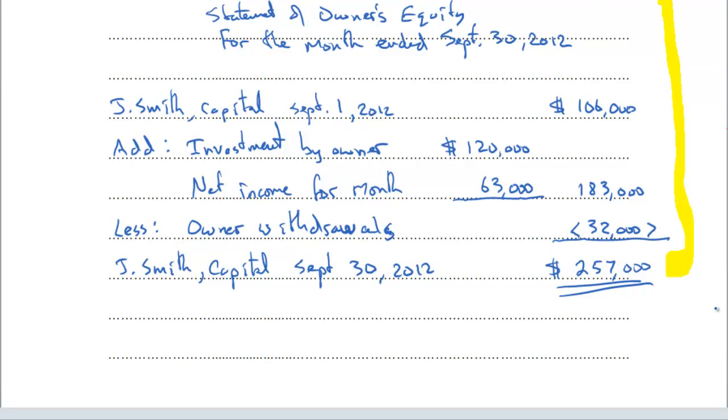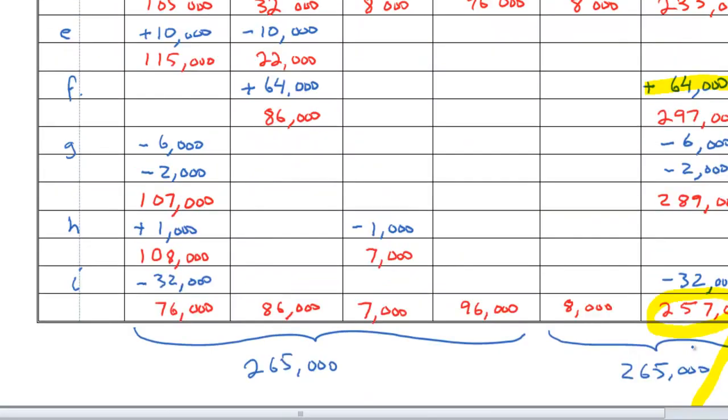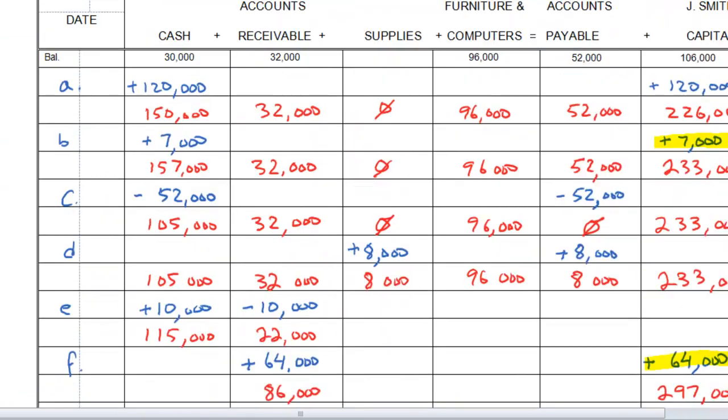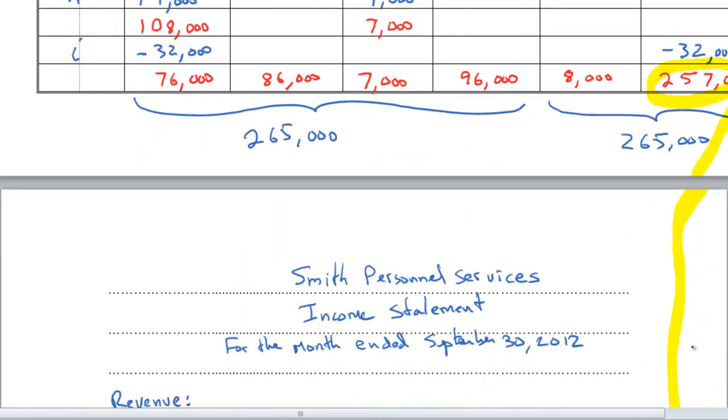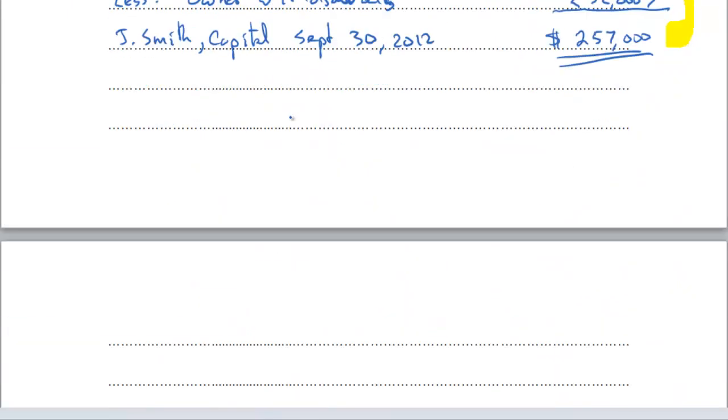Okay, and the last requirement we have to do is prepare the balance sheet for Smith Personnel Services as at, so at the particular point in time, as at September 30th, 2012. And so the balance sheet is going to have the assets and liabilities. So we've already dealt assets, liabilities, and owner's equity. And so you'll see we're going to take all these balances, the ending balances in our Part 1 worksheet, and use them to create the balance sheet for this company.